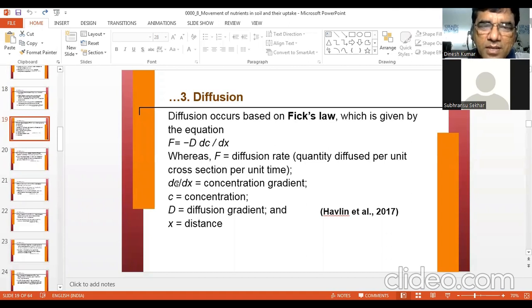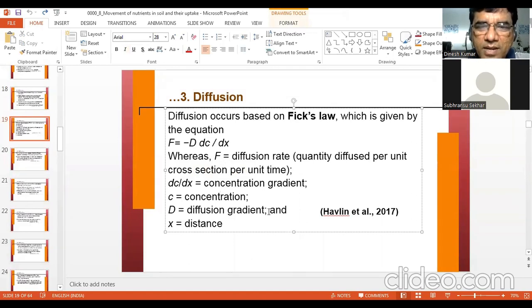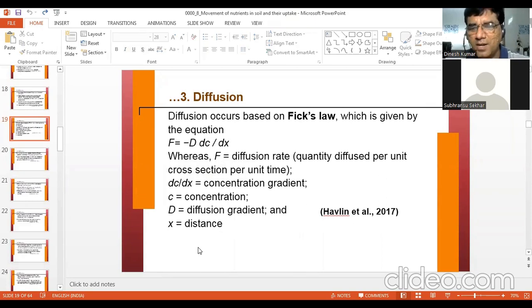C is the concentration, D is the diffusion coefficient, and x is the distance. So you can understand from this formula that these factors will affect the speed of diffusion.